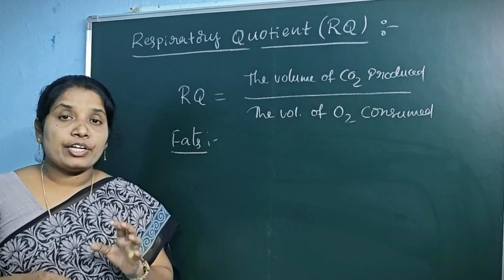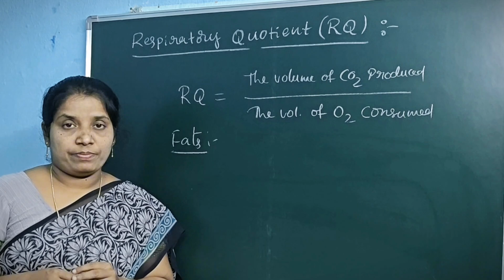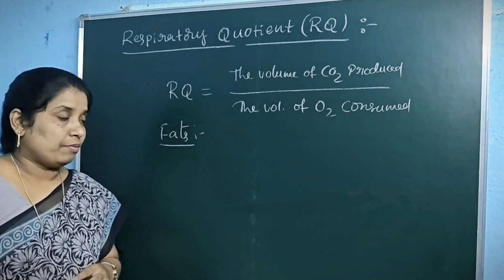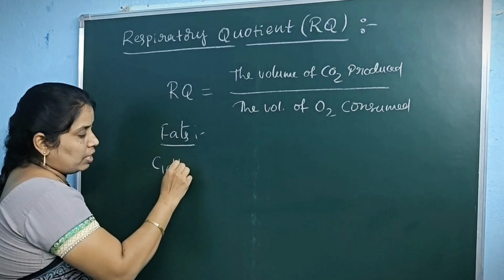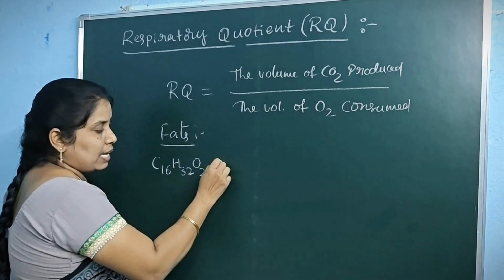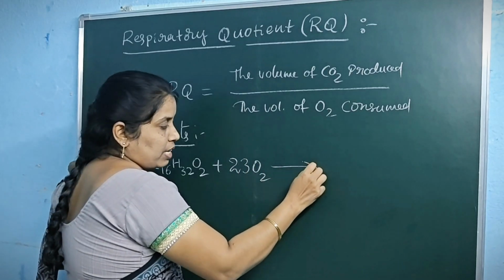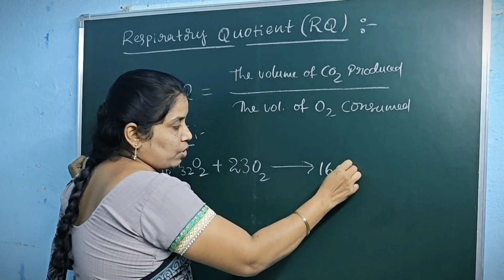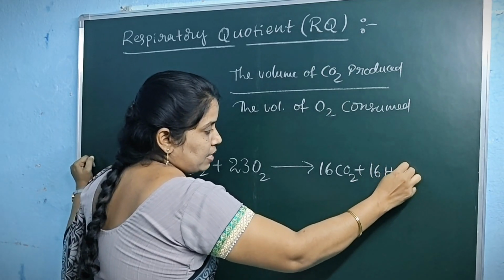Thus the RQ value becomes less than unity. So, let's see the equation. C16H32O2 plus 23O2 gives rise to 16CO2 plus 16H2O plus energy.